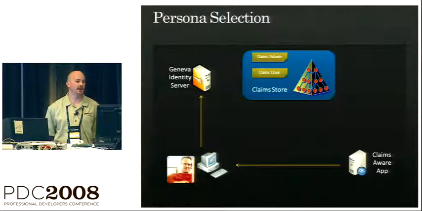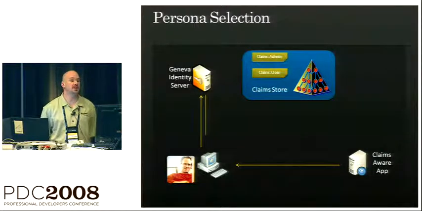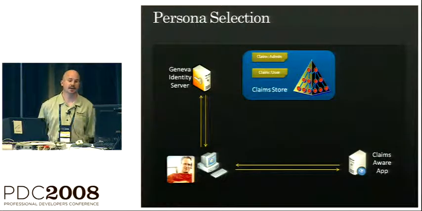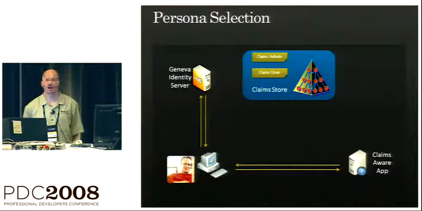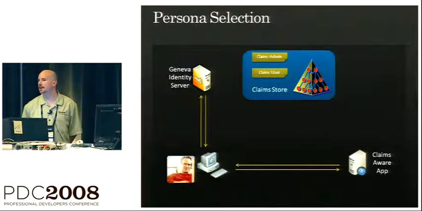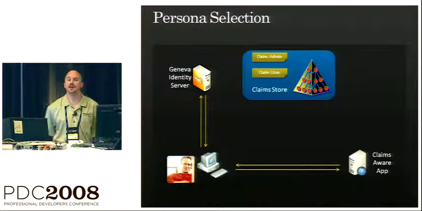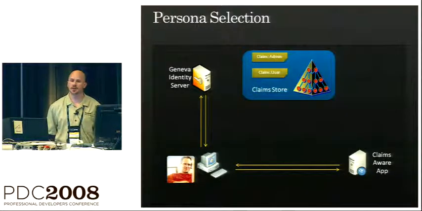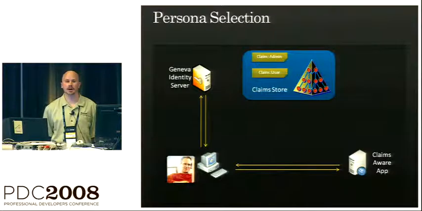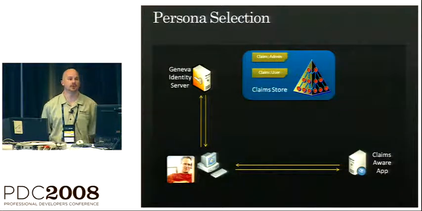In this case, the user selected the admin card, and that sent the admin card's ID to the identity server. So the identity server is going to choose the admin claim to include in the token that gets passed back to the claims-aware app. As a result, the claims-aware app grants the user admin access as opposed to user access. Based on the same identity that they had at the same realm, the user was able to make a choice about what persona they wanted to use at this particular application.